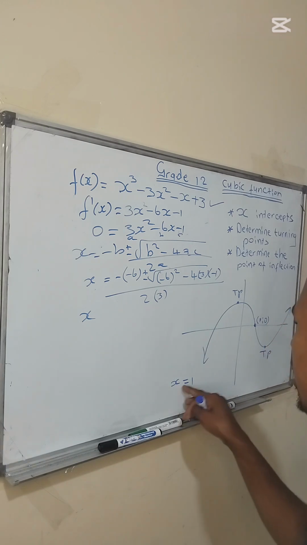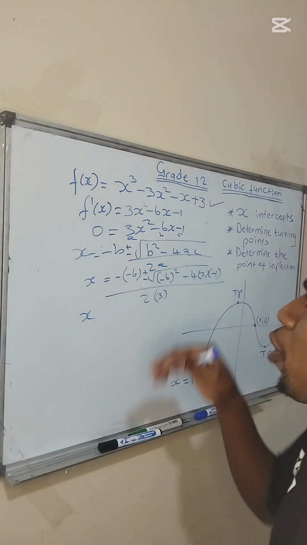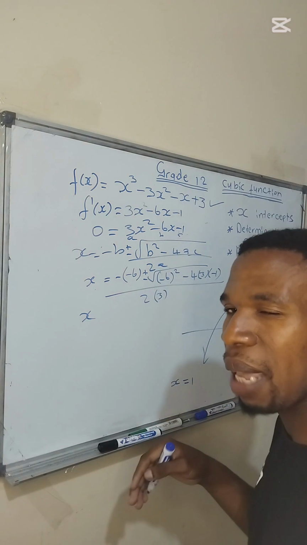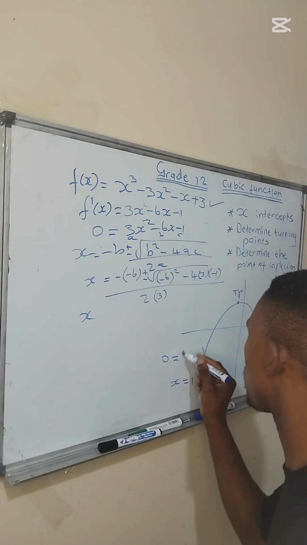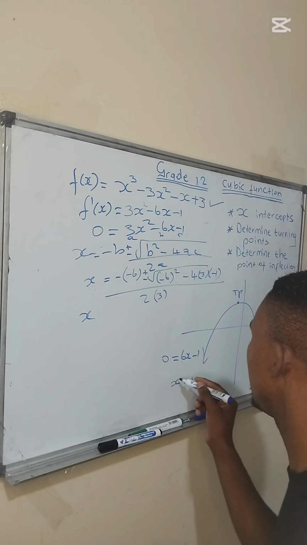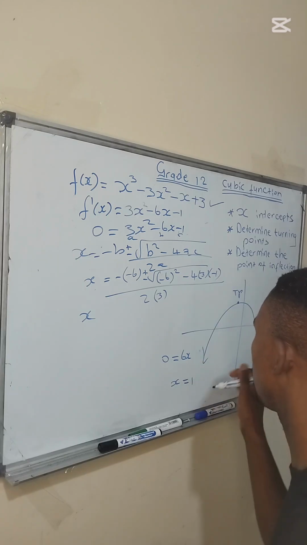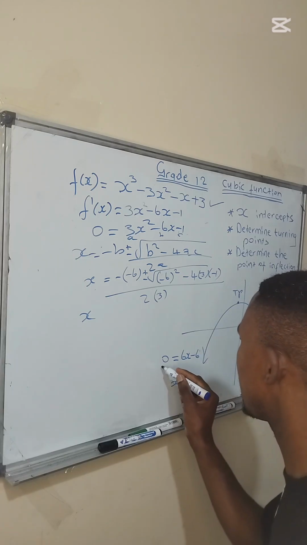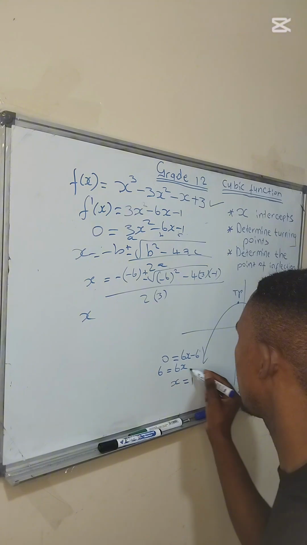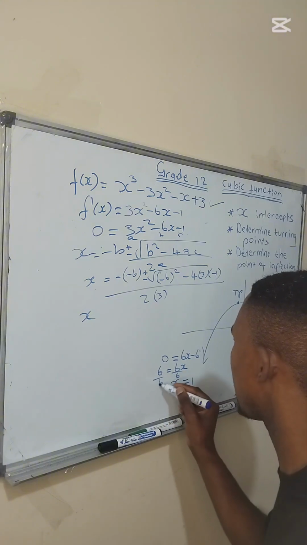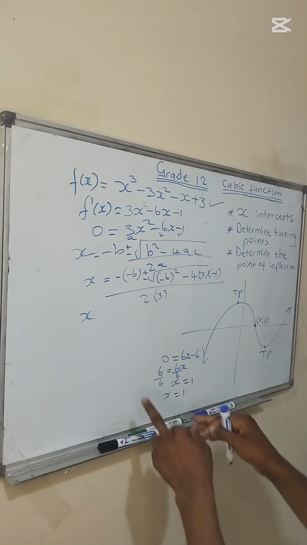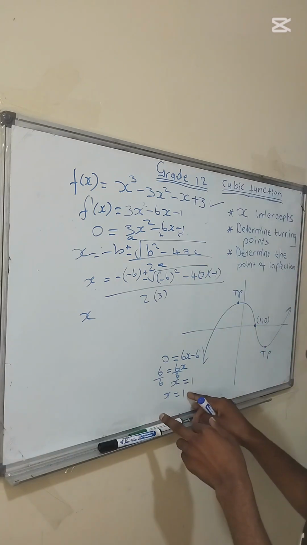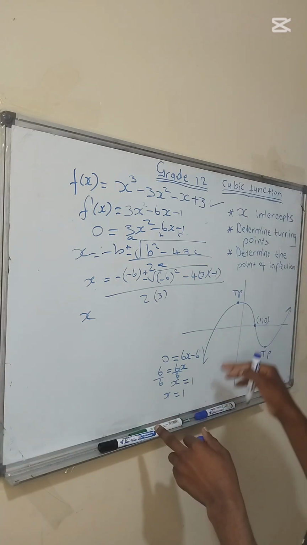We calculated this point of inflection using our second prime, not our first prime, which was 0, equal to 6x minus 6. Then we set 6 equal to 6x, divided by 6 on both sides, and x is equal to 1. So this is the method that you have used to find the point of inflection.